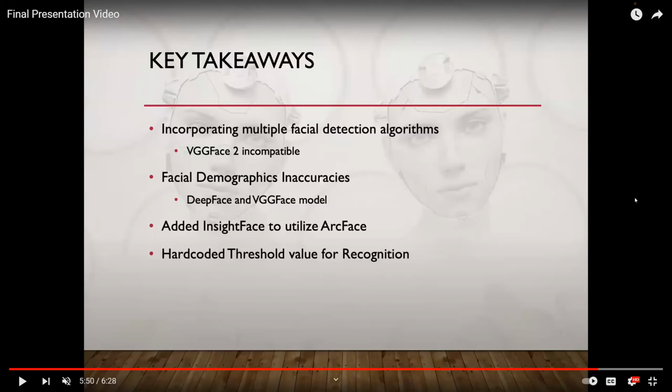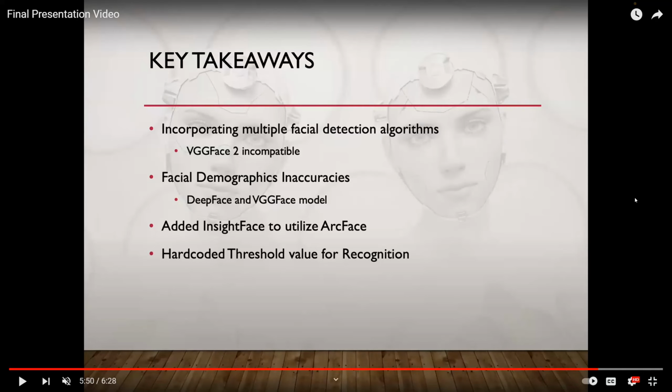Some key takeaways, obviously, mainly the accuracy of the VGG face model for the demographic classifications wasn't what I hoped for. It was also kind of incompatible when using the other models with ArcFace and DeepFace.